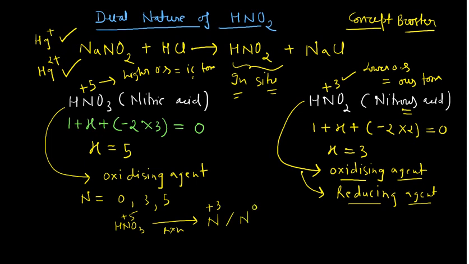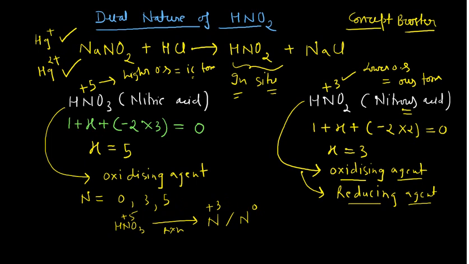So here you can see it is going from plus 5 to plus 3, that means reduction, plus 5 to 0, that means again reduction.